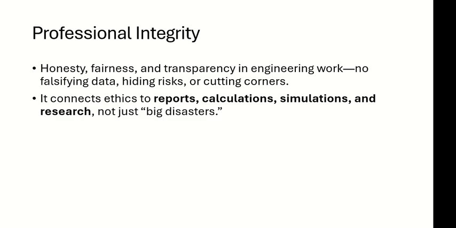Then we have professional integrity. Professional integrity means that you are honest, you are fair, and you are transparent. You don't hide anything, you don't tell lies. And when you are treating others, you are not differentiating them on the basis of color or race or nationality, or because of your relationships.